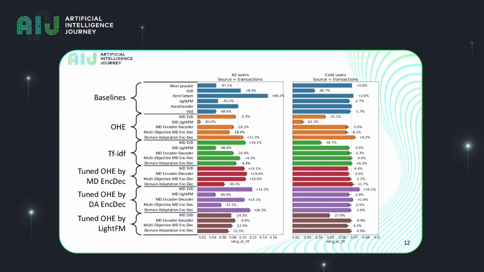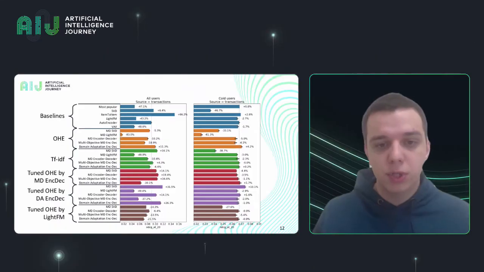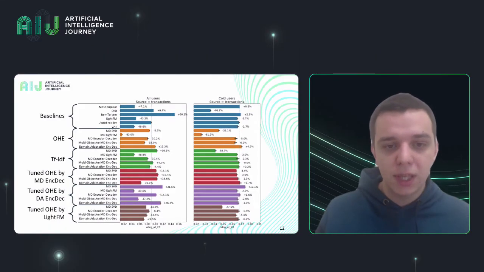What kind of conclusions can we arrive at based on these graphs? Well, firstly, tuning does work, but only if we use neural networks for that. Once we've taken out the user embedding from the model, it didn't give us an uplift.